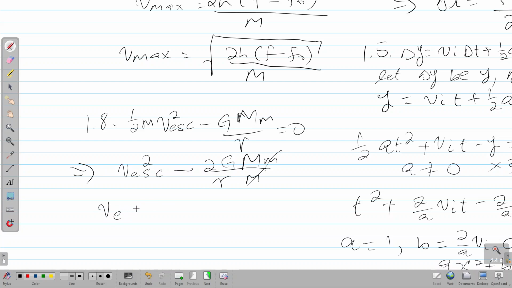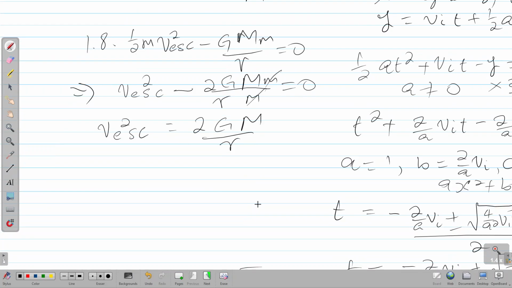So you have v escape squared is equal to, this is 0, so I'll move this to the right hand side. So that's equal to 2 G big M over R. Okay, and then we just take the square root. So then v escape speed is the square root of this term here, 2 G big M divided by R.